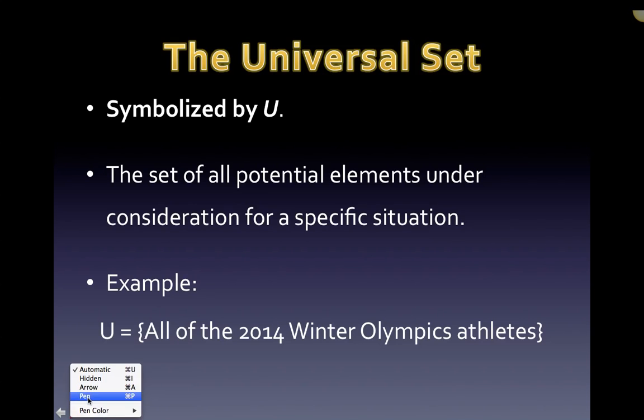If you were to draw, sorry about this, I'm trying to get used to this new writing tool I've got. So if our universe was this rectangle right here, and this was the 2014 Winter Olympic athletes, all of them, then if set A was the 4-man bobsled team, then A prime would be everything else.